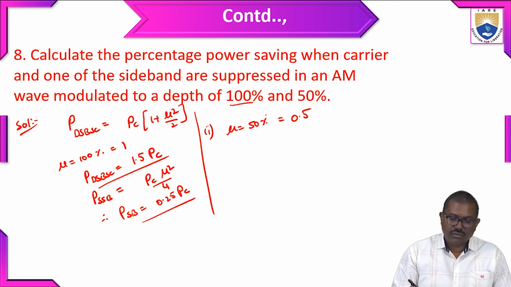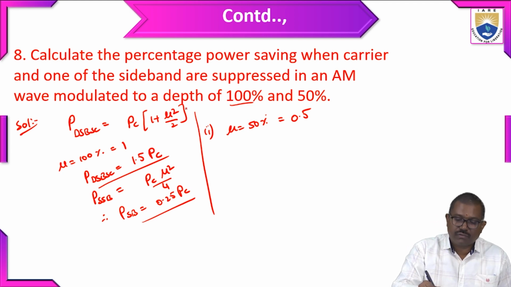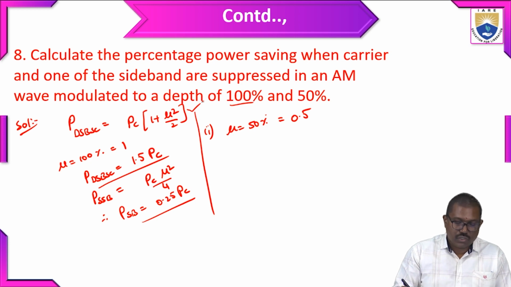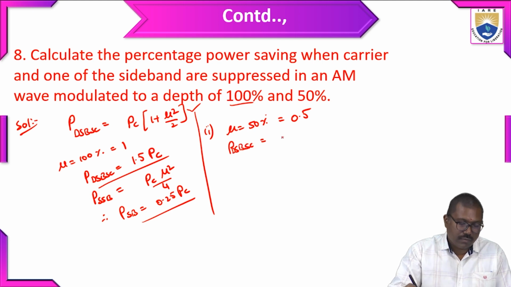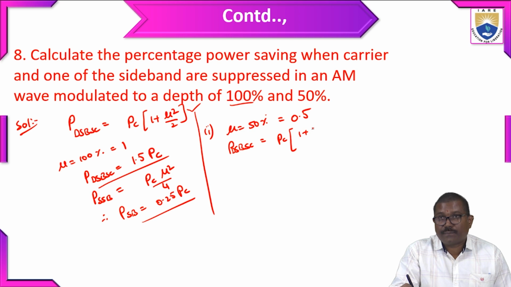Again we calculate using the same formula. P DSB-SC is equal to Pc into 1 plus 0.5 whole square by 2.